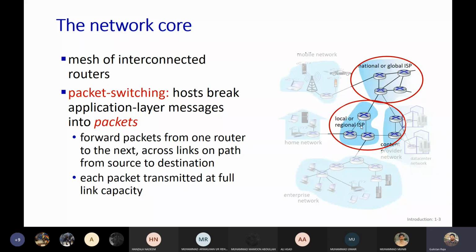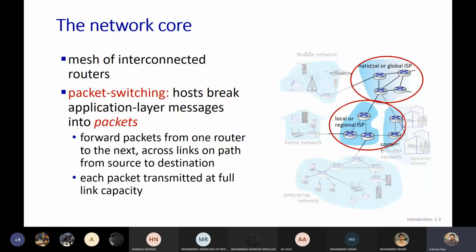So the application layer or application module generates a message, and that message is basically broken into packets, right? So here, if you look at my mouse, let's say this is a laptop. The laptop's application module generates packets, right? And these packets are transmitted through this network, the home network, mobile network, to the core. And when it arrives at the core, or in fact, when it is received by routers, the job of the router is to forward the packet from one to another.